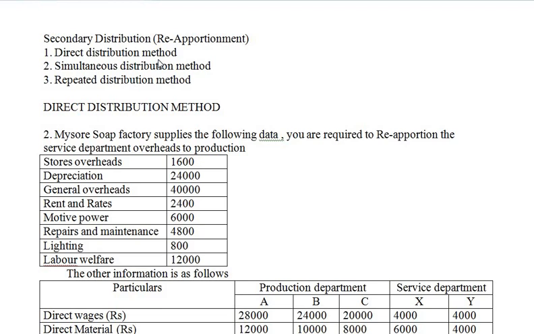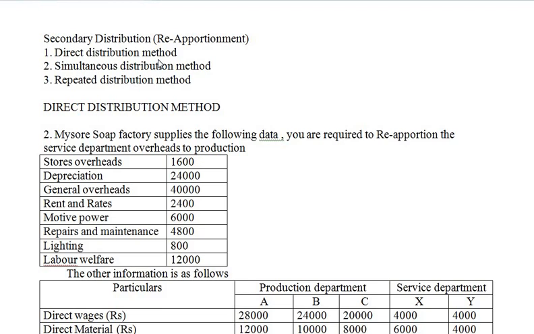Now what is exactly direct distribution method? The cost of service department will be apportioned only to the production department. It means it will be distributed only to the production department without distributing it to the service department.